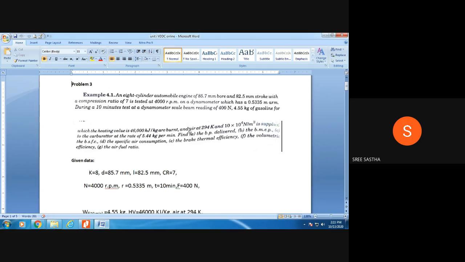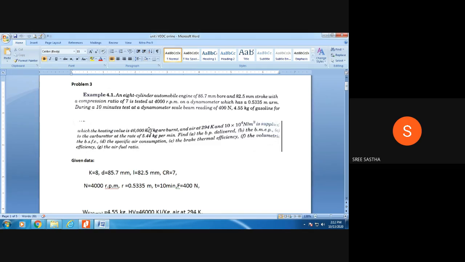The temperature given is 294 Kelvin and the pressure is 10 into 10 power 4 Newton per meter square. It is supplied to the carburetor, so you can understand it is an SI engine, at the rate of 5.44 kg per minute.